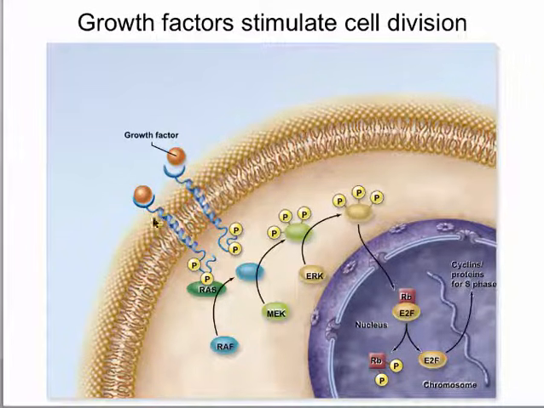So when they're normal, they're just proto-oncogenes. But if they go crazy, if they mutate, they get stuck in the on position, then they become oncogenes. So they're telling the cell constantly, divide, divide, divide, even though the cell doesn't need to. And that results in cell division going out of control.